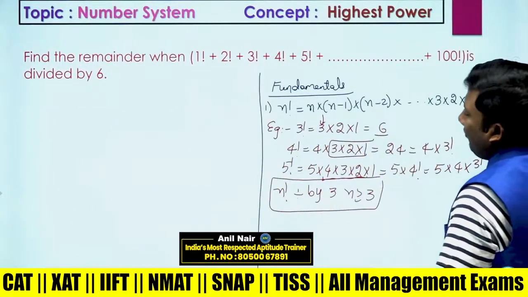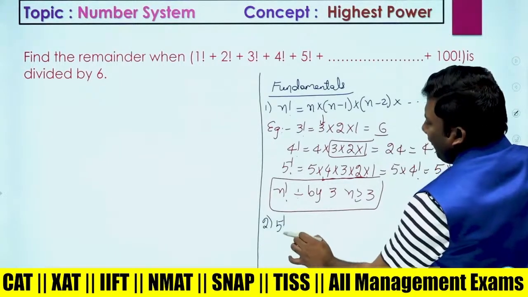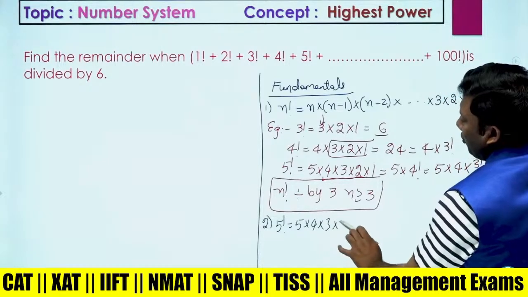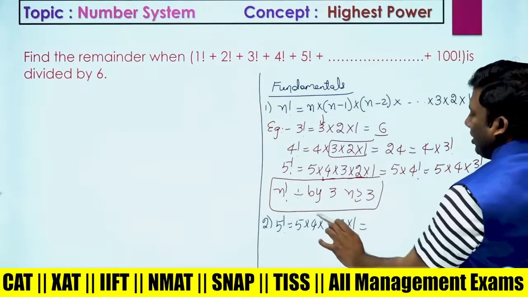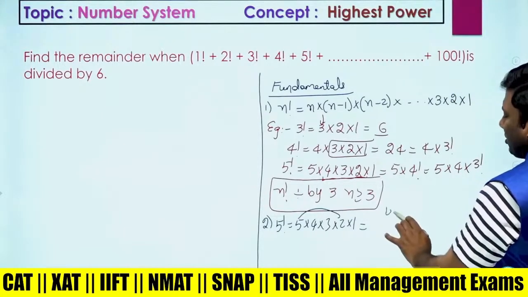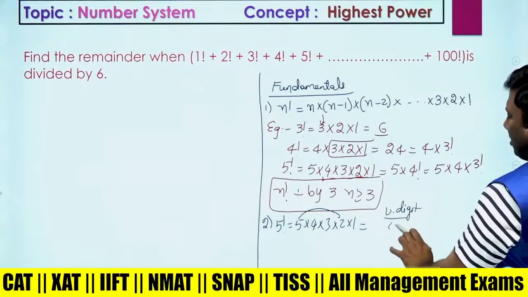The second point. 5 factorial: 5 into 4 into 3 into 2 into 1. These 2 5s are 10. Any number multiplied by 10 has unit digit 0.